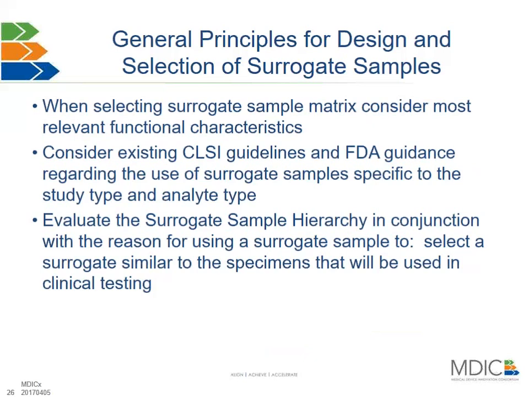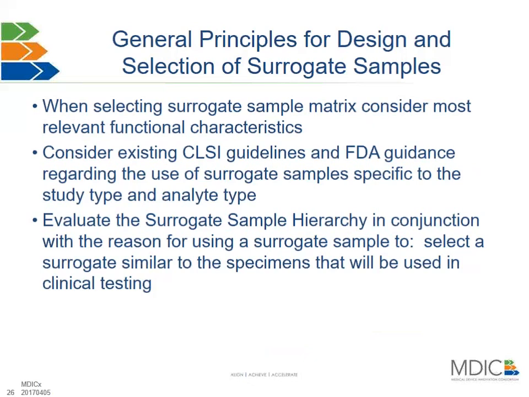When selecting the surrogate sample matrix, consider which functional characteristics of the naturally occurring specimen are most relevant for the study type. So here, one would consider whether there are aspects of the surrogate sample that would interfere or otherwise influence test performance in a way that is inconsistent with naturally occurring biological specimens.